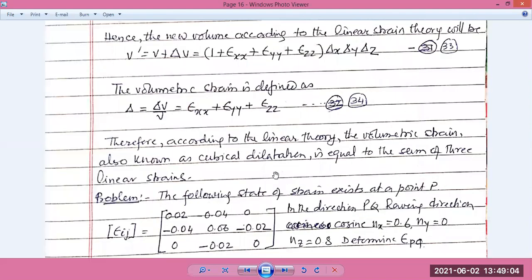So let us go through. According to the linear theory, the volumetric strain, known as cubical dilatation, is equal to the sum of the three linear strains along the x-axis, along the y-axis, and along the z-axis itself.